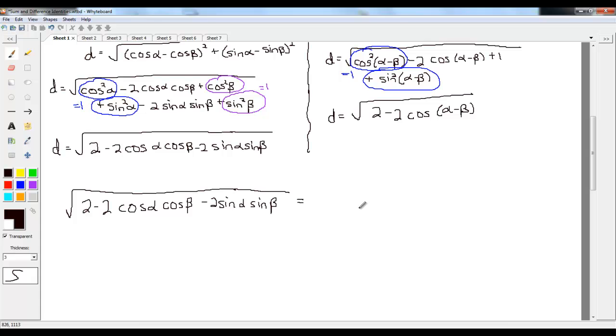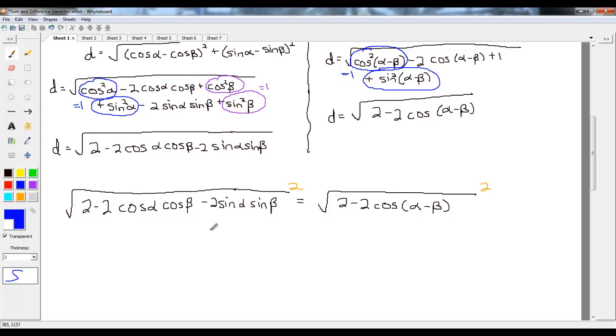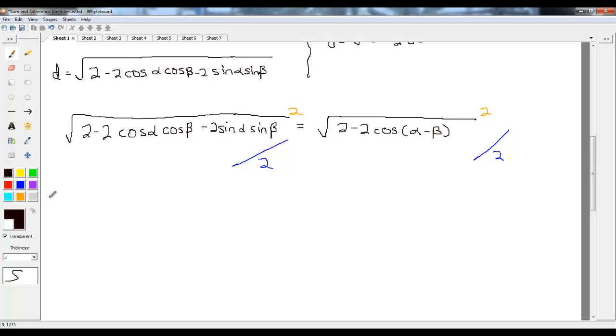Set that equal to square root 2 minus 2 cosine of alpha minus beta. Well, if we go ahead and square both sides, that's going to get rid of the square roots for us. And if we divide both sides by 2, then we end up with this.